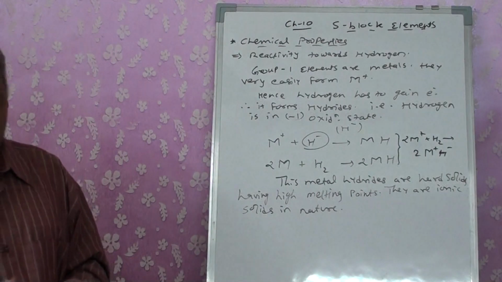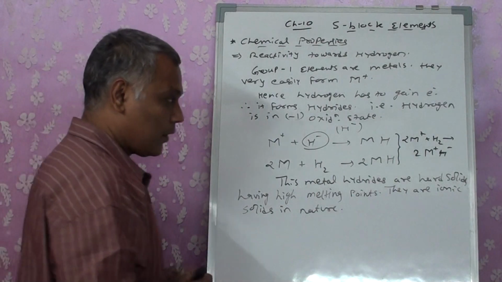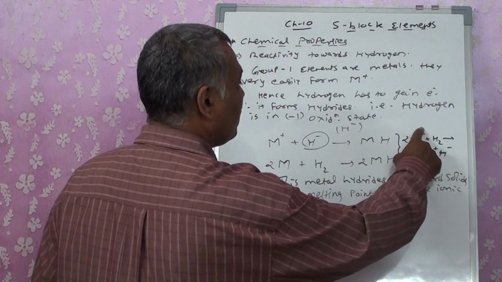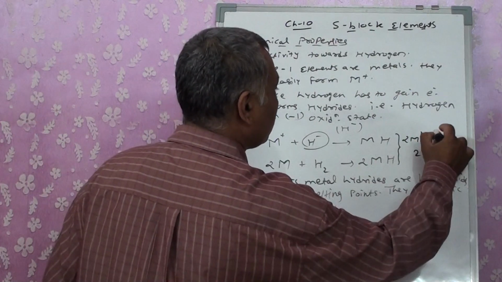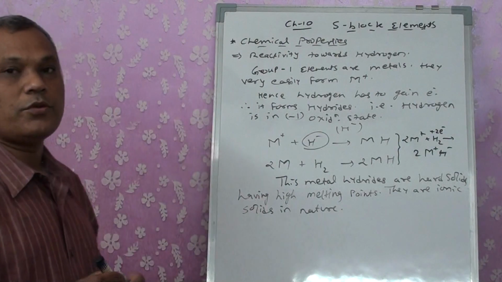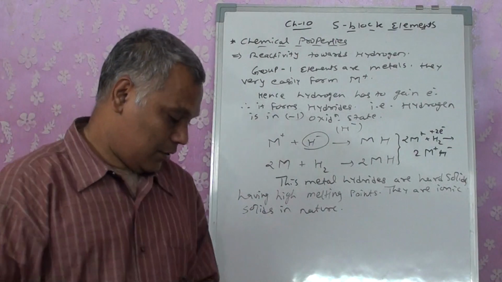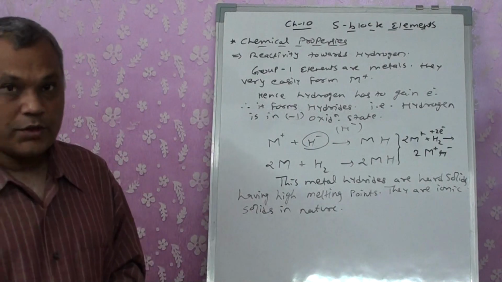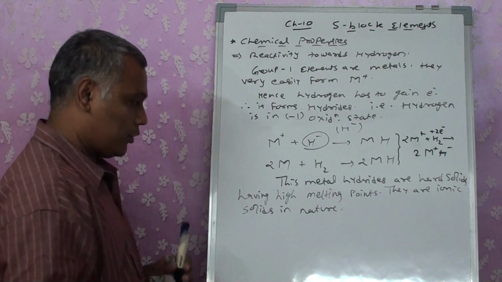They are going to gain electrons. To balance the reaction, 2 electrons are also indicated. Okay, so that is for the reaction with hydrogen.